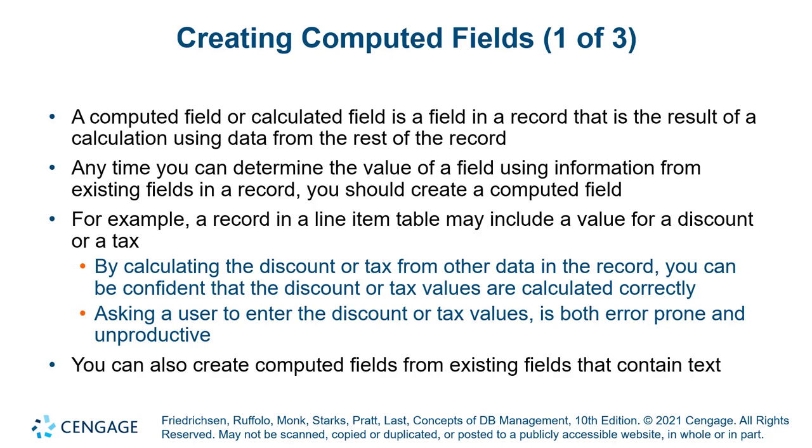So you could put in an expression referencing the price column of the item and then multiply it by 1.08 if the sales tax is 8%, and that would tell you the total price including tax. So we're using data that's already in the record and performing a calculation with that data.